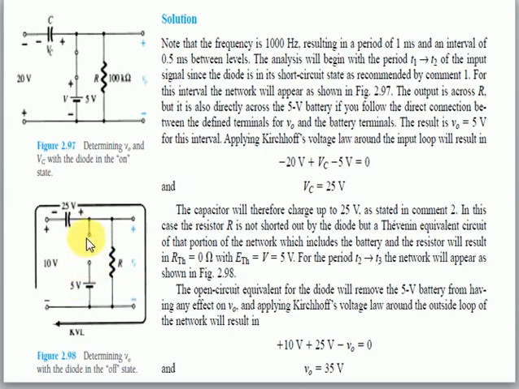There is no use of this branch; we have only this circuit, in which this branch is not included. So we apply KVL here: plus 10 volt plus 25 volt minus V0 is equal to 0. So V0 is equal to 35 volt.